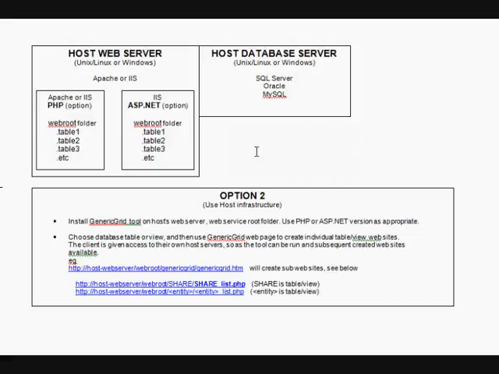So the only difference is you will run the GenericGrid web page to create the code from the host web server, and the host web server will give you access to the GenericGrid web page to create the subsequent lower subfolder web pages on tables. So using the host infrastructure, you can see this is also a viable way of using this GenericGrid, and you could also build applications from using all these subfolders, individual websites that are attached to the table.